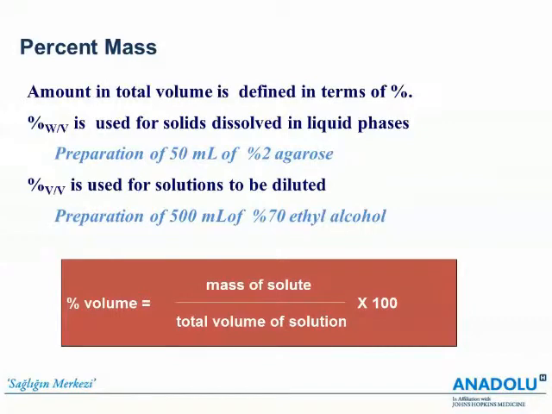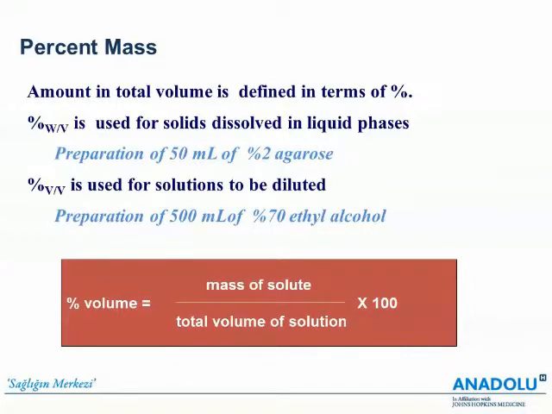And there are two types of this. One is percent weight per volume. This one we use mainly for solids dissolved in liquid phases. And the second one would be percent volume per volume. And this one we would mainly use for solutions to be diluted. And the equation is percent equals mass of solute per total volume of solution times 100.